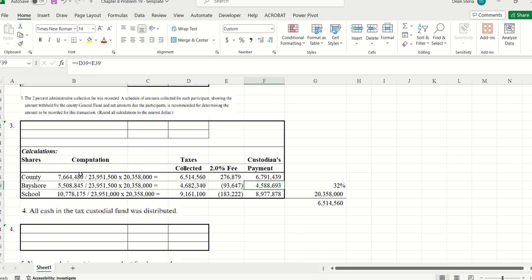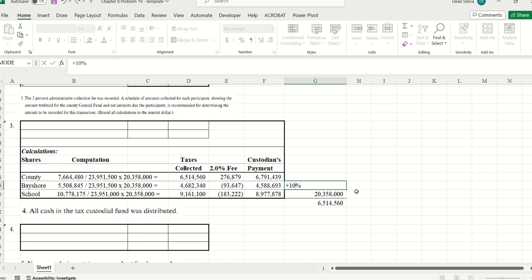I know this is a little clunky, but let's do it again here. 10,778,175 divided by the 23,951,500.